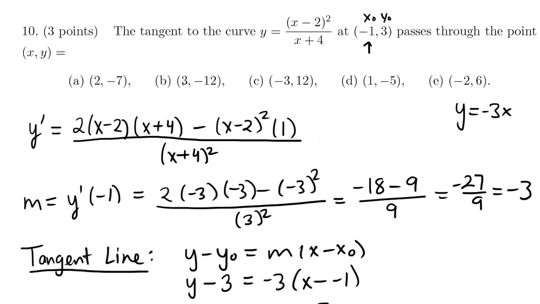That's no good. If I put 3 in there, negative 3 times 3 is negative 9. That doesn't match. If I put negative 3 in there, I get positive 9. Still no good. If I put 1 in there, I get negative 3. Still no good. But then finally, if I put negative 2 in there, negative 3 times negative 2 is positive 6. So our answer is E.